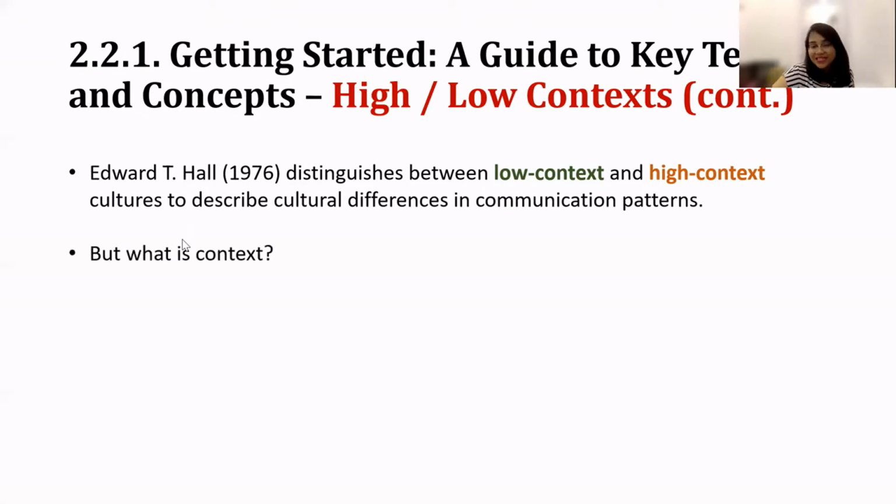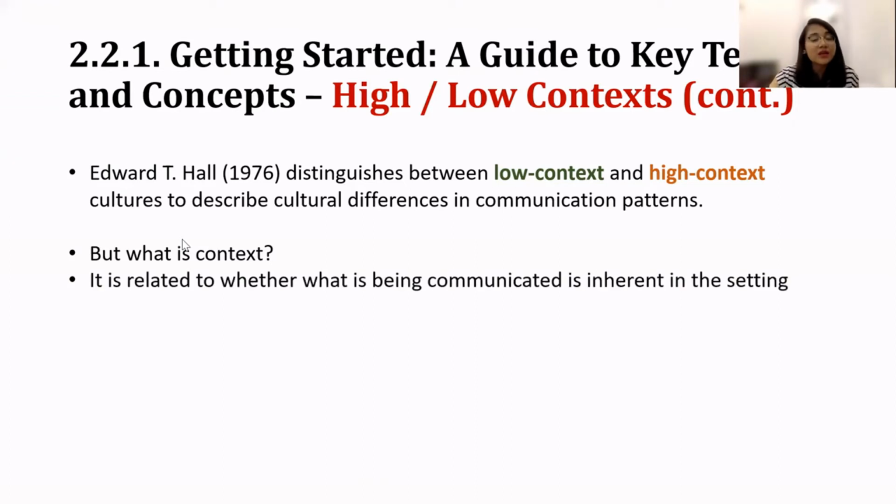But first, what is context? Is it just the same context as when we do reading, like understanding a vocabulary from the context? Is this context here the same as that? Well, it is related to whether what is being communicated is inherent in the setting.